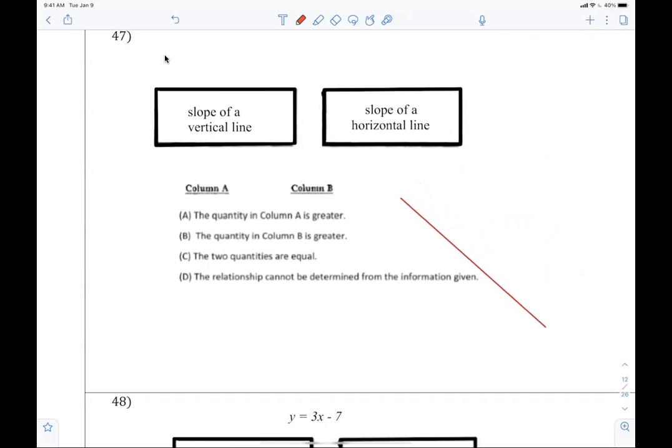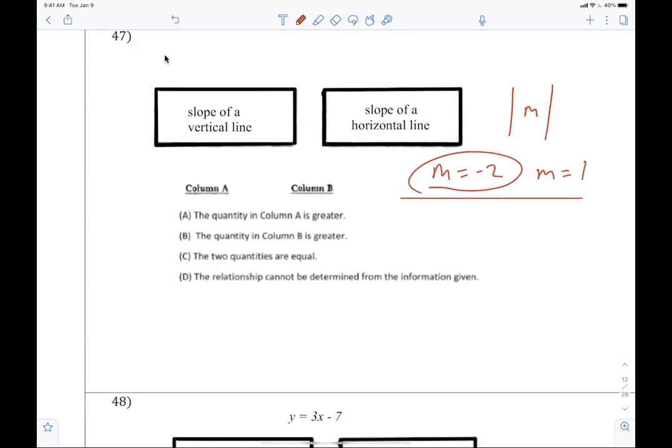A part of that is because I haven't really discussed this with you, but when you're talking about steepness, we kind of refer to the absolute value of the slope when comparing. So in other words, if you had a slope of -2 and you had a slope of 1, what is the greater slope? -2 would be the greater slope.